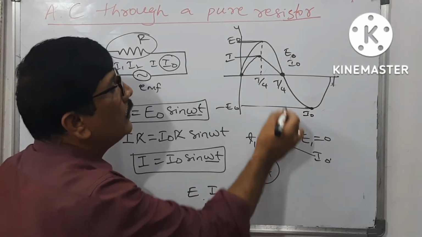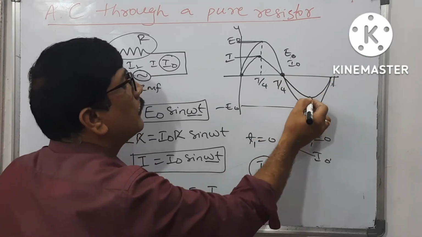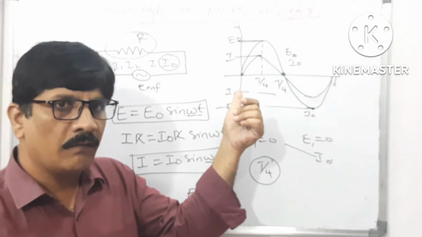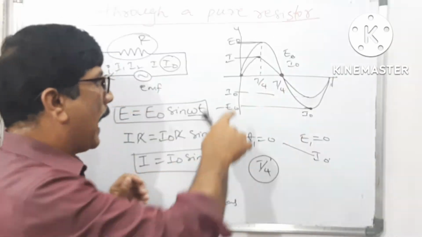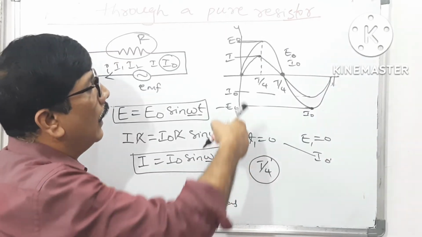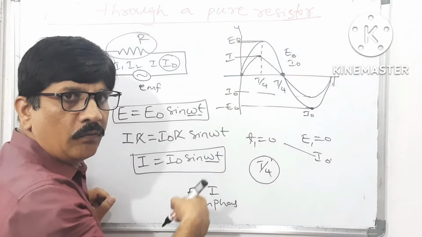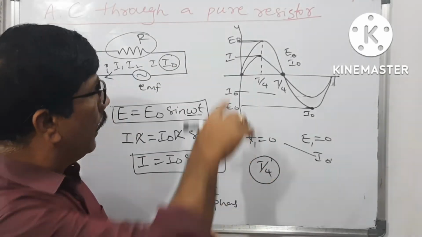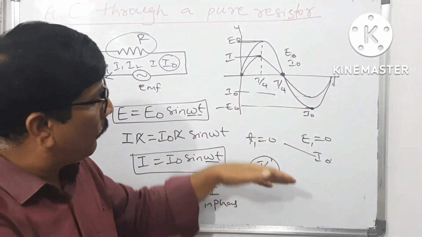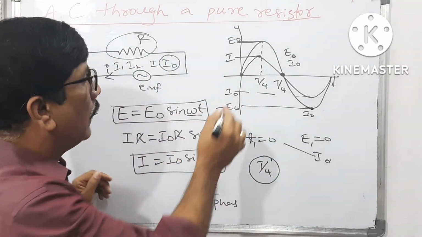So you can take it like this. That means I am drawing the two graphs in the same place, in one graph. Along the x-axis I am taking time, along the y-axis I am taking EMF and current together, instead of separate graphs.